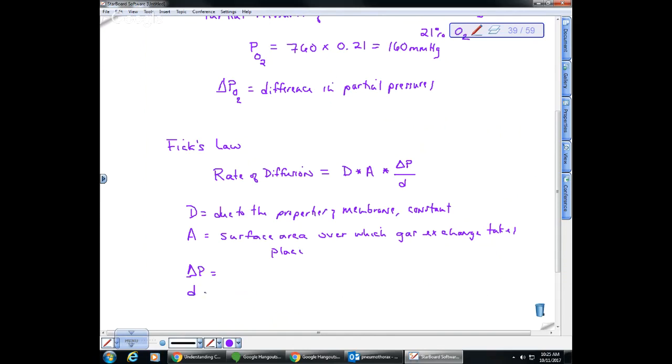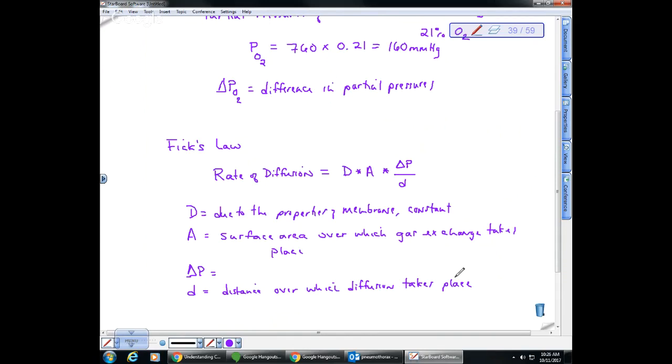And little d is the distance over which diffusion takes place. So if you have a thick membrane, it's going to slow down the rate of diffusion. If you have an increase in delta P, so let's say there's a dramatic difference, how is that going to affect the rate of diffusion?